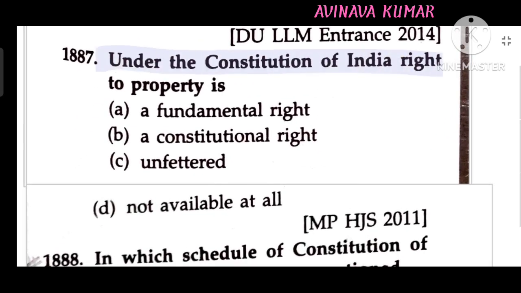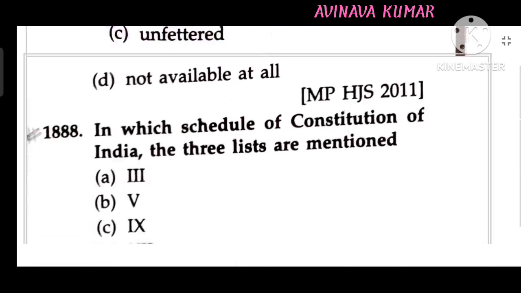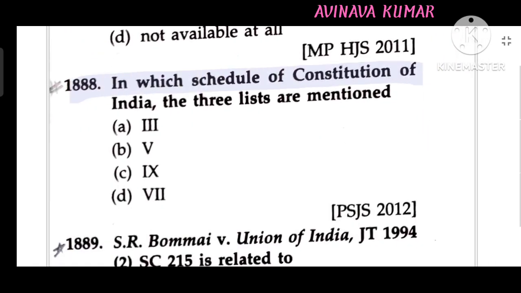Under the Constitution of India, right to property is a constitutional right. In which schedule of the Constitution of India are the three lists mentioned? Answer: 7.